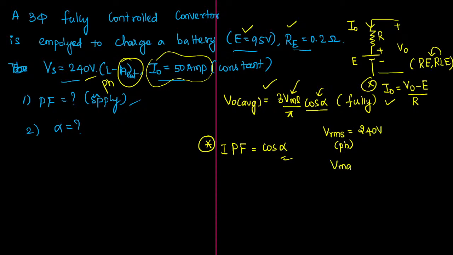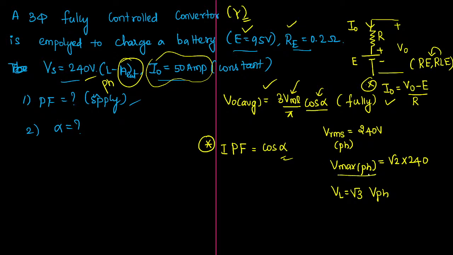So let me convert this to the maximum per phase voltage, which is root 2 times 240. Next, all our circuits here by default are star connected. In a star connected network, we know the line voltage is equal to root 3 times the phase voltage. I just wanted to know the value of the maximum line voltage.